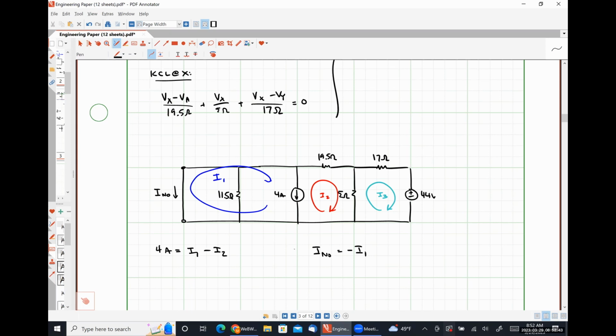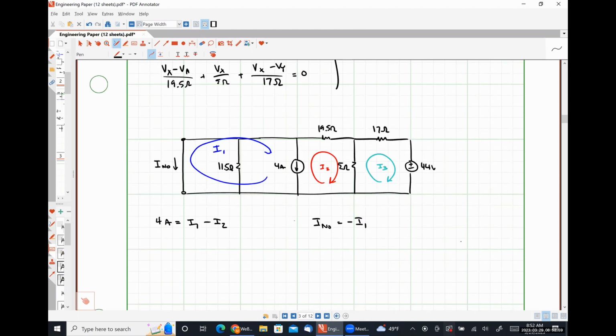Now I'm going to need a KVL equation around my super mesh. So this KVL equation is going to look like, so this is KVL at super mesh 1, 2.